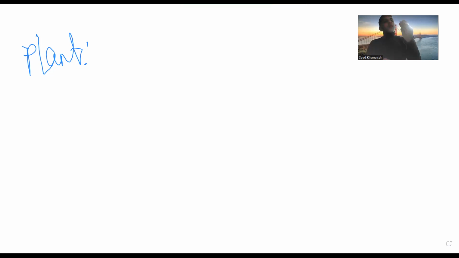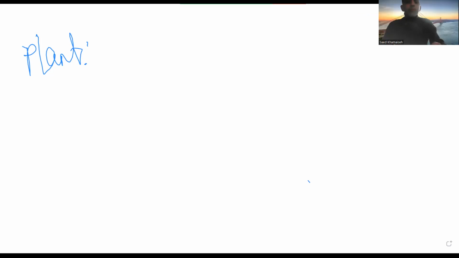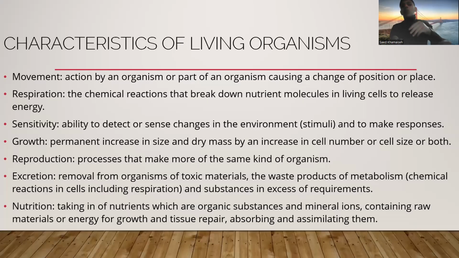If the sun is in the east, they go toward the east. Every organism will move, but sometimes we cannot see their movement. I hope that you understand the meaning of an action: an organism, or part of an organism, causing a change of position or place.